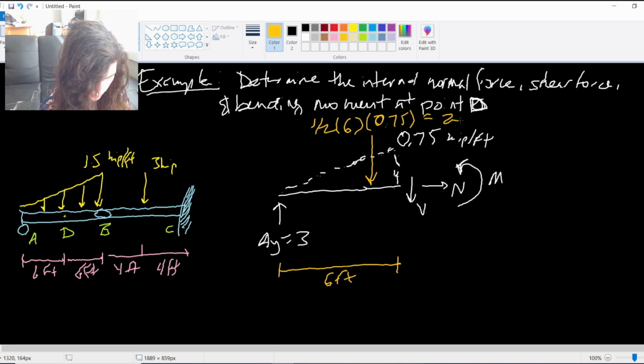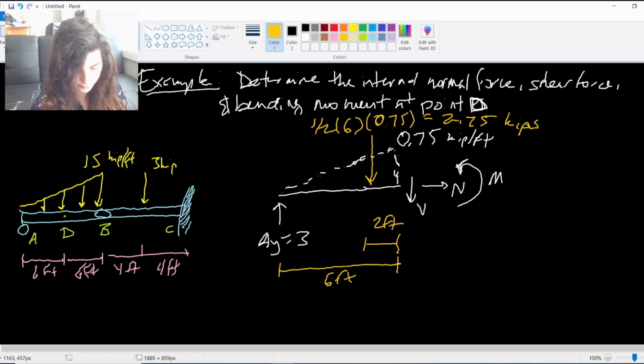So this gives me a new resultant force here of 2.25 kips, which acts 1/3 from the tallest side of the triangle, so 1/3 of 6, 2 feet.